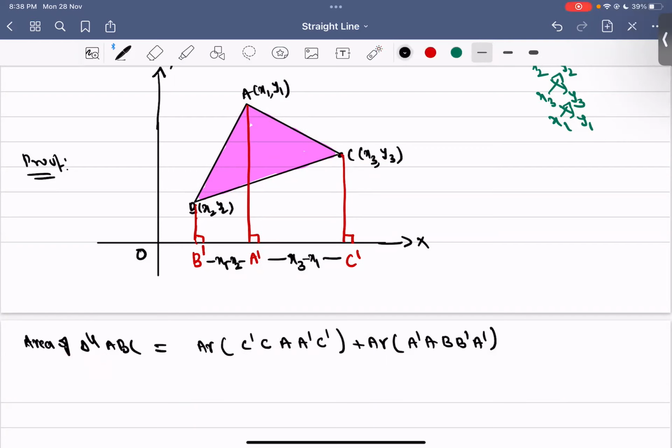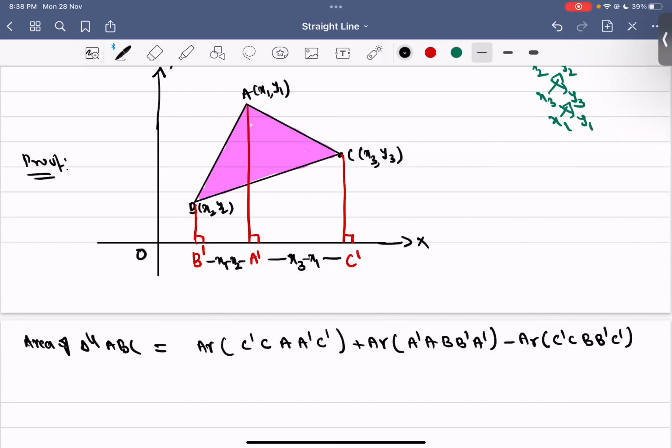So minus the area of C dash C B B dash C dash. Remove this one.